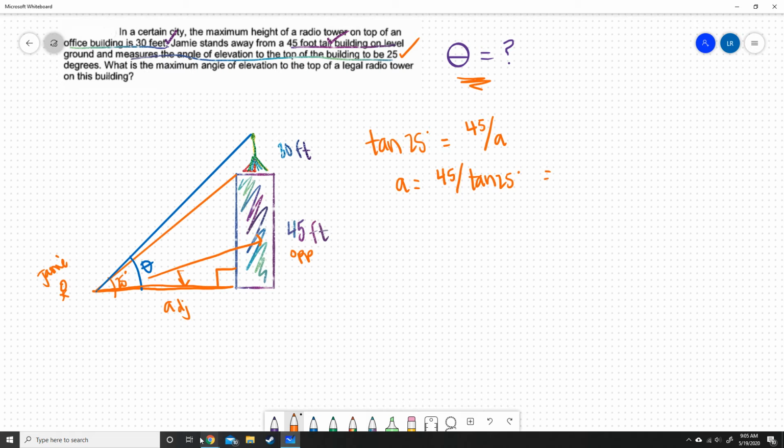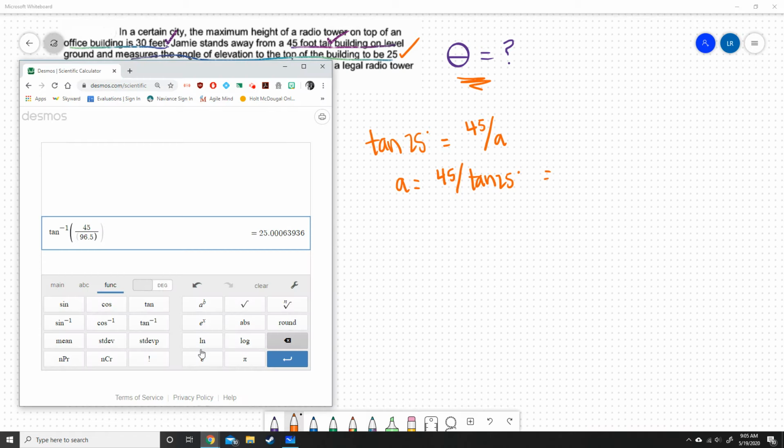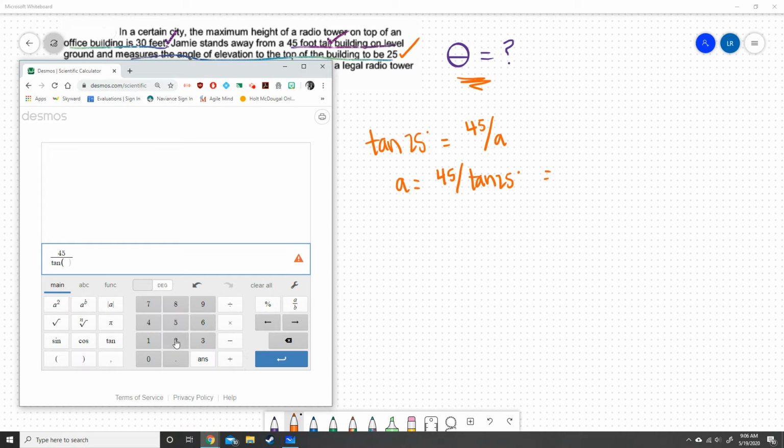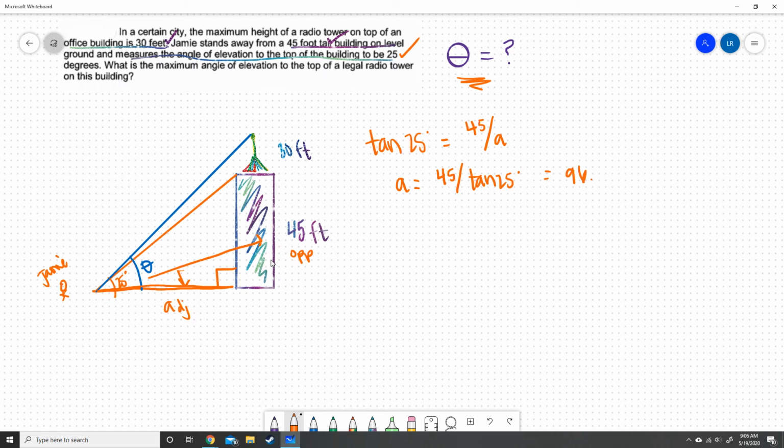I'm going to plug that into my calculator: 45 divided by tangent of 25 gives me A is 96.5 feet. So Jamie is standing 96.5 feet away from the building.